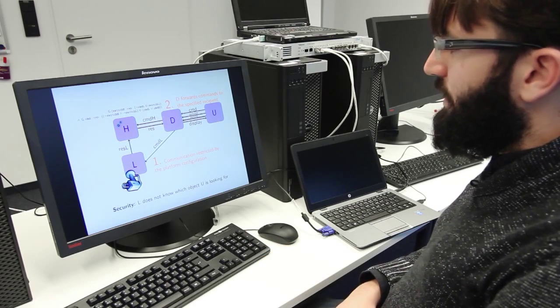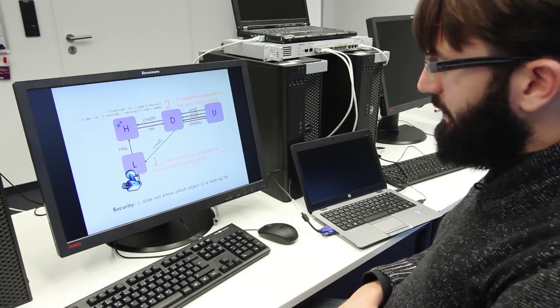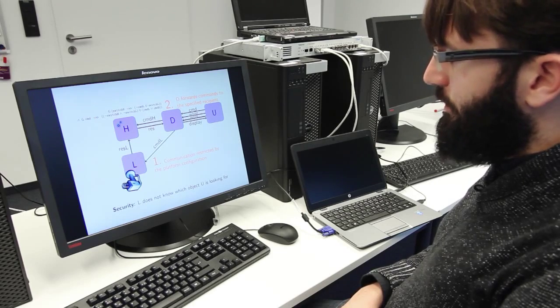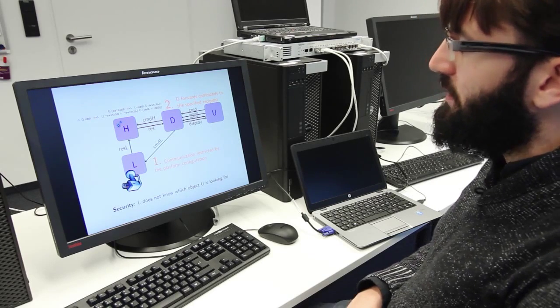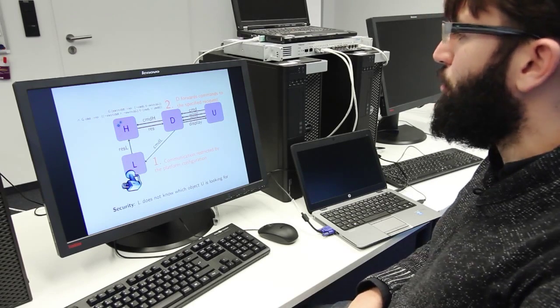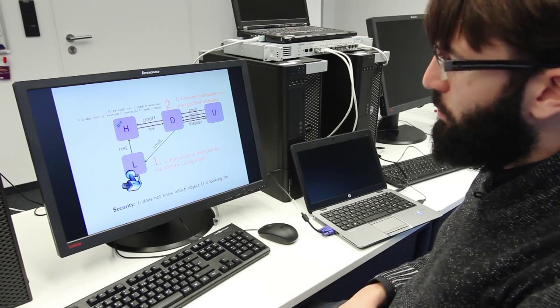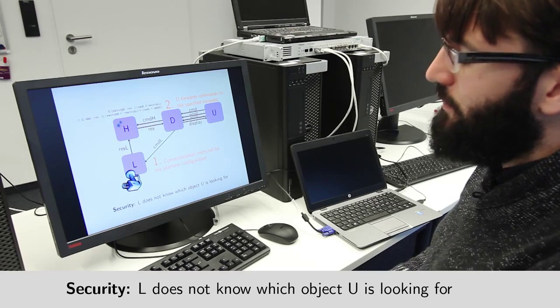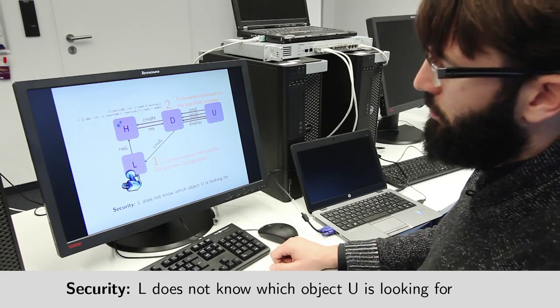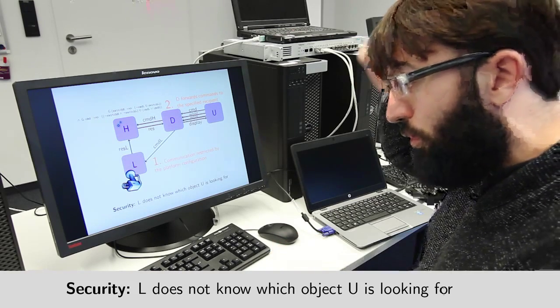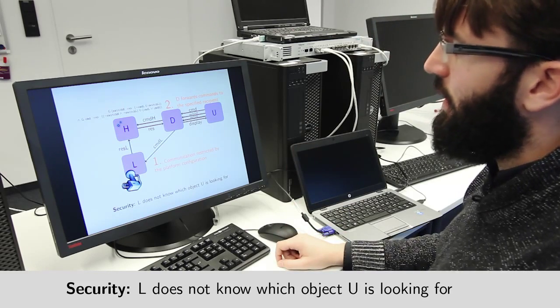So now that we have this example defined, we want to ensure some security property on it. In the previous behavior, we see that the user asks the high-level subject to recognize some objects, and we don't want the low-level security subject to be able to know what these objects are.